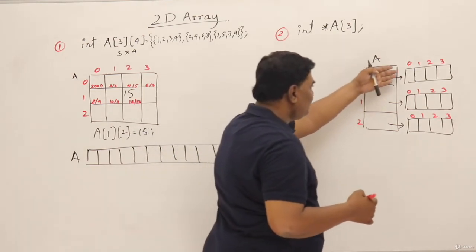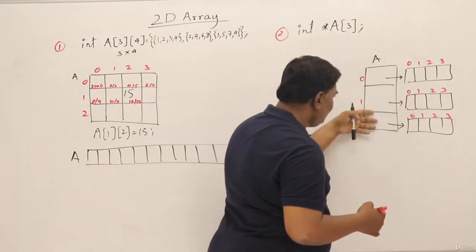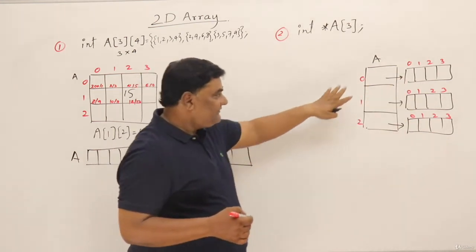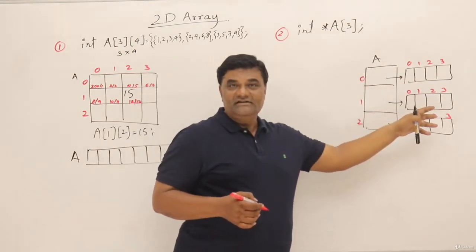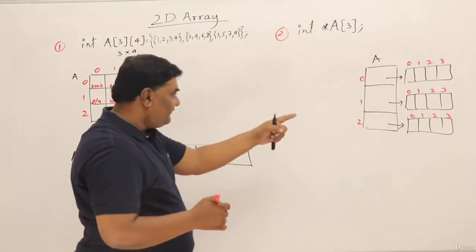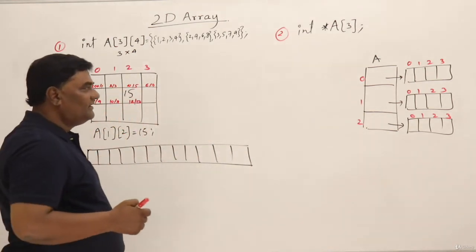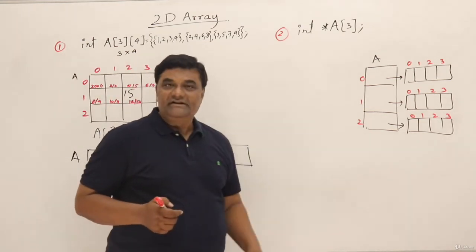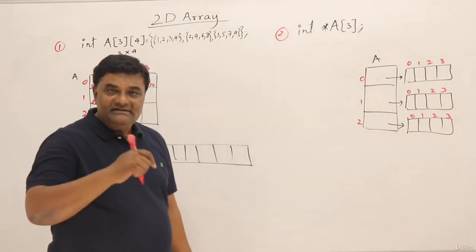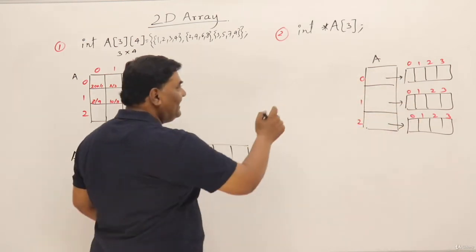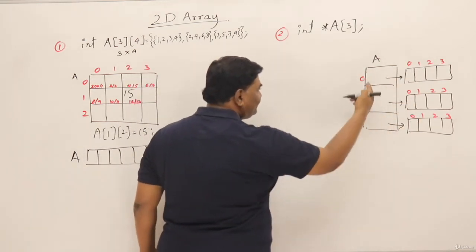So this is nothing but an array of arrays. There are 3 arrays and I have this array pointing to those 3 arrays, and together they form the same two-dimensional array. So this is the second method of creating a two-dimensional array. Let us see the syntax of how I can create these arrays. So I have an array of size 3.